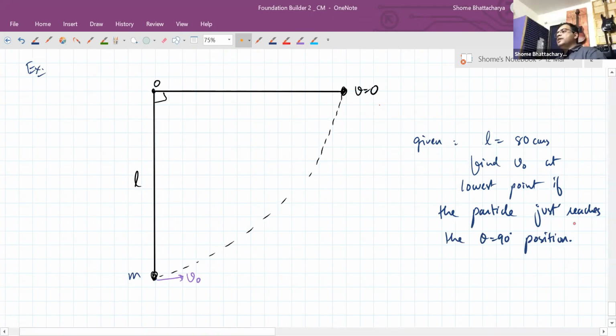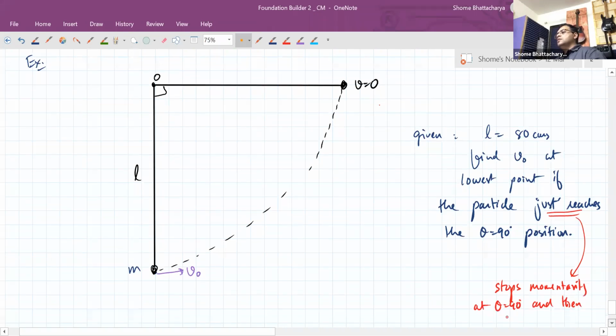Okay. So just reaches theta equal to 90-degree position means it stops momentarily at theta equal to 90 and then returns back.